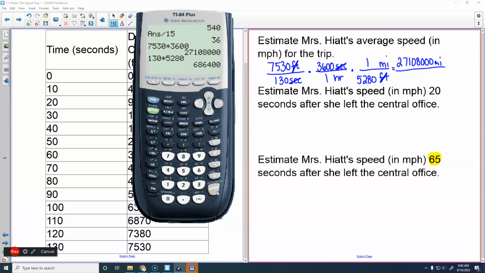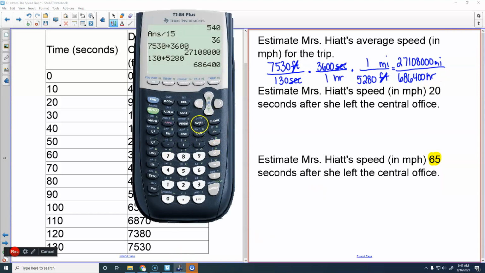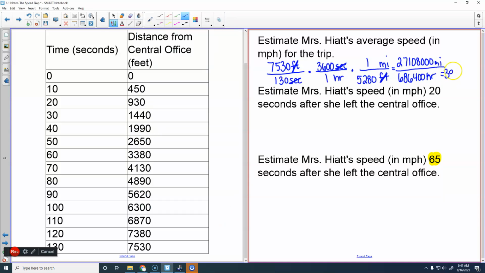And we're going to get 686. All right, so we got to divide those two numbers. And we're going to get 39.493 miles per hour.